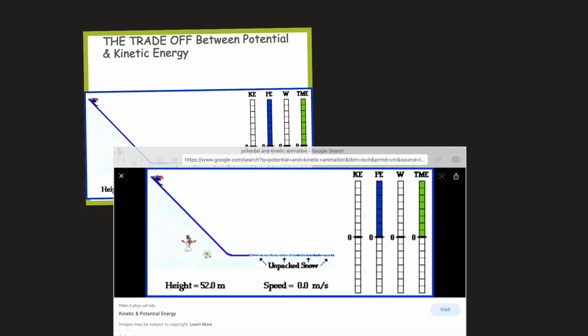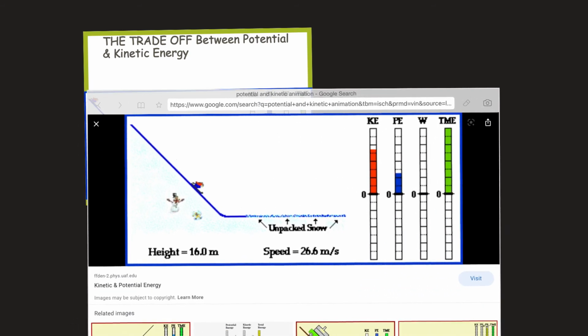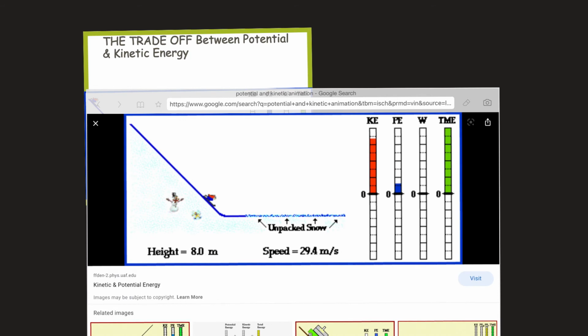In front of you, we have an animation about how the energy is transferred from kinetic to potential. Basically, this is kinetic, this is potential, this is work done by the frictional force, and this is the total mechanical energy. It is moving downward, so the potential energy is fully converted into kinetic energy, which you can see from here.